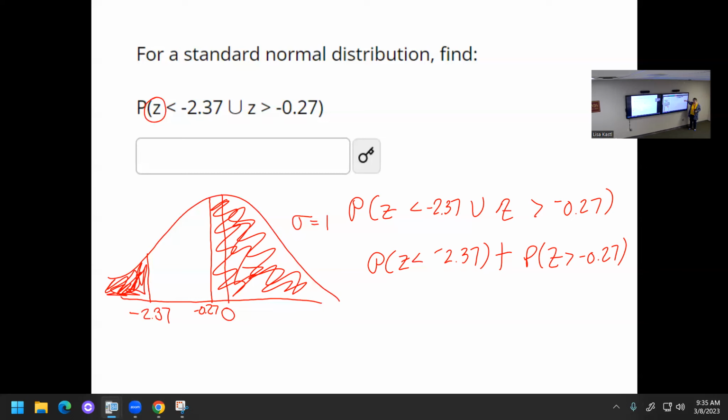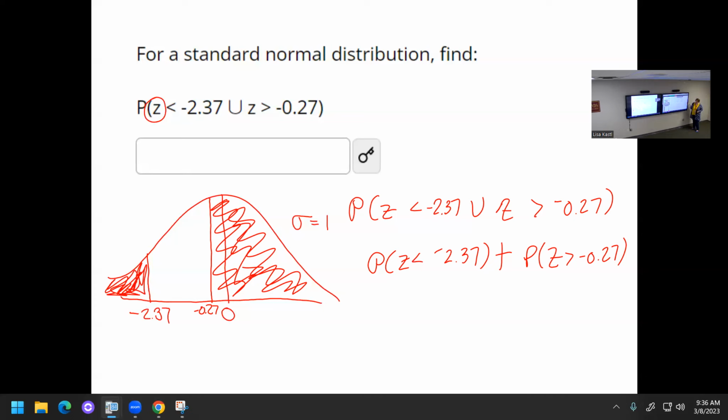Really, really negative number. Okay, my upper limit's what? Negative 2.37. And then I'm going to use that mean and standard deviation because it's standard normal. And then paste that back into my home screen.